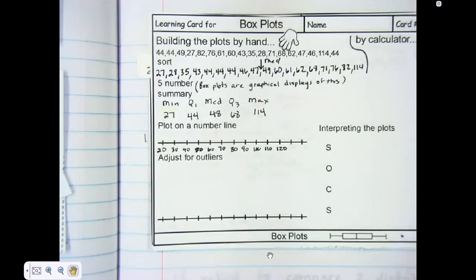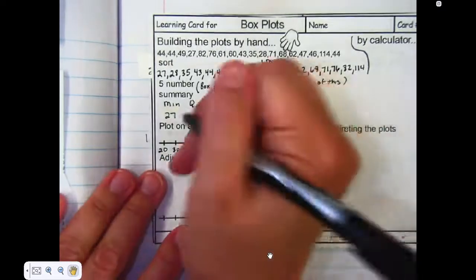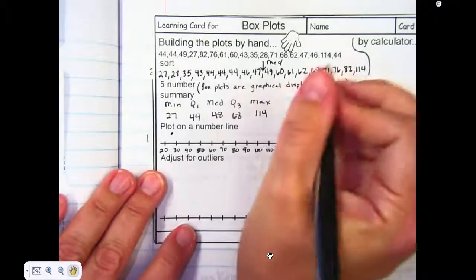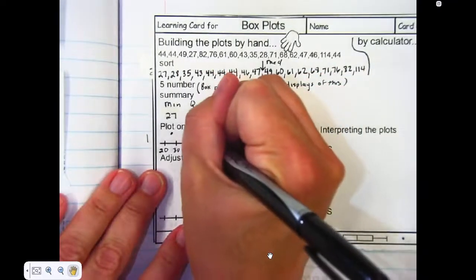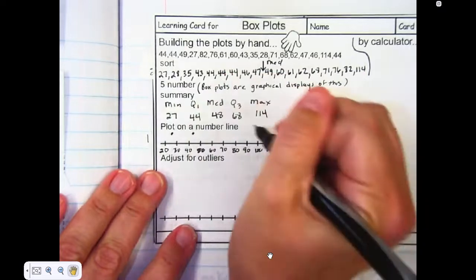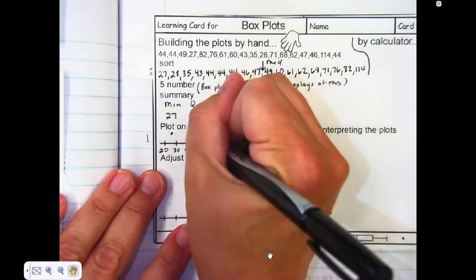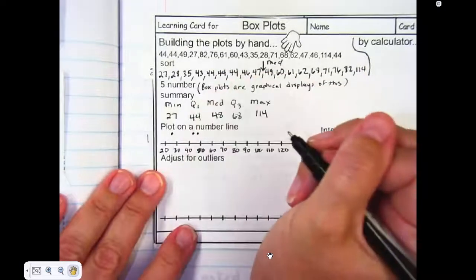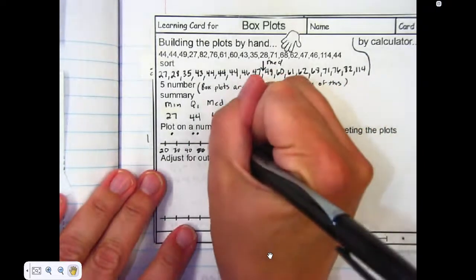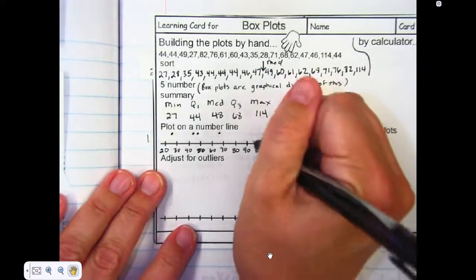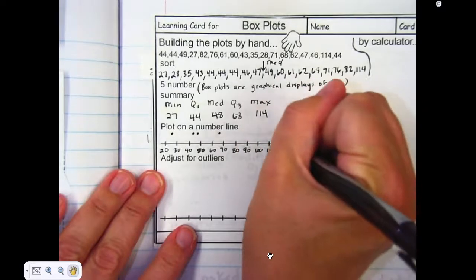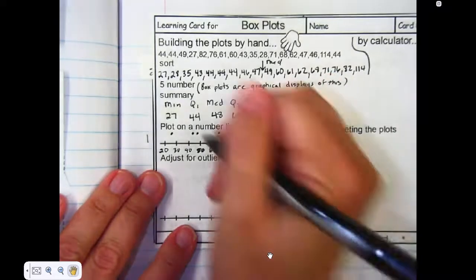Now I just need to plot each of these points. My minimum value is 27. My first quartile is about there, which is 44. My median is almost right next to it, which is 48. Then over here is my third quartile, and my maximum is all the way over here at about 114.